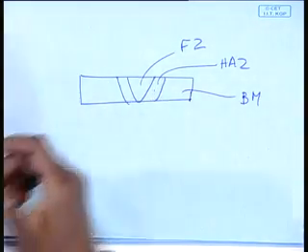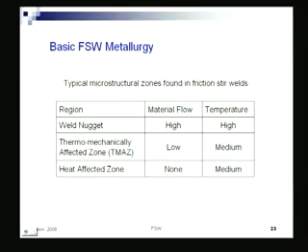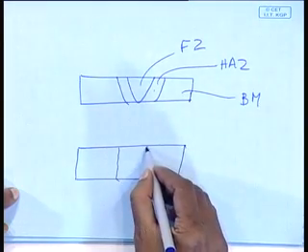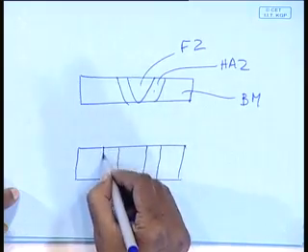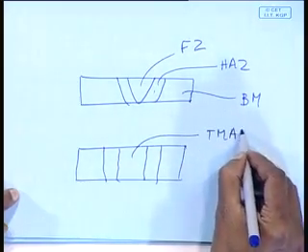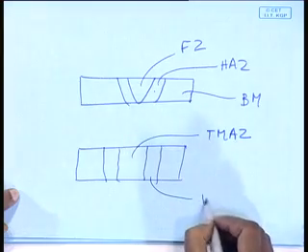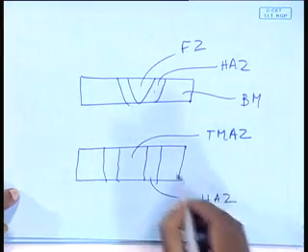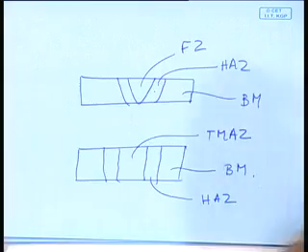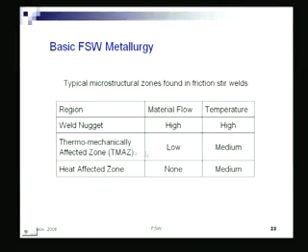Here you have the equivalent of that, which is the TMAZ, thermomechanically affected zone, and the heat affected zone. This is base metal. You have the thermomechanically affected zone.